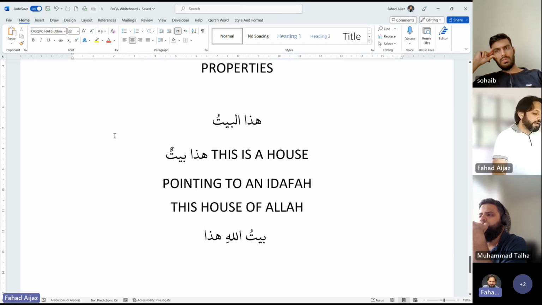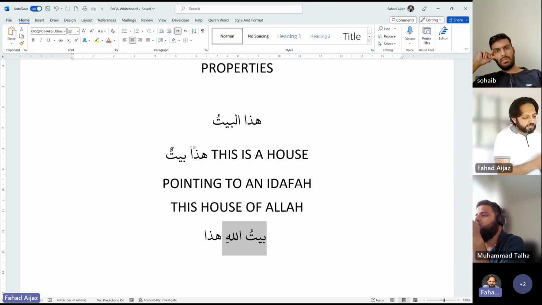The other way of looking at it is that haza is not pointing to baitu alone. It's actually pointing to the entire fragment. When it is pointing to the entire fragment, there is no long distance relationship. So that's a much better way of looking at it. Instead of just looking at one word, you look at the fragment.